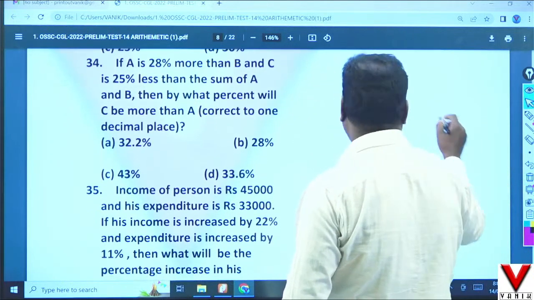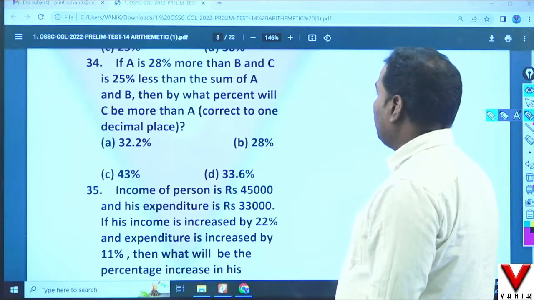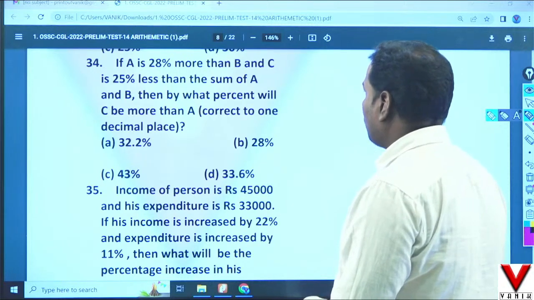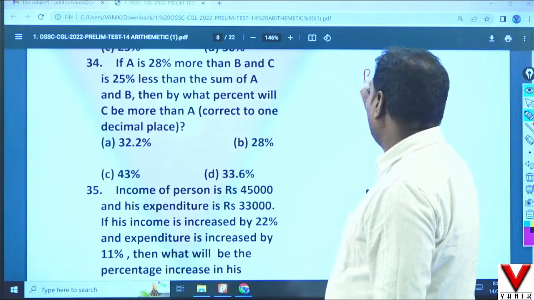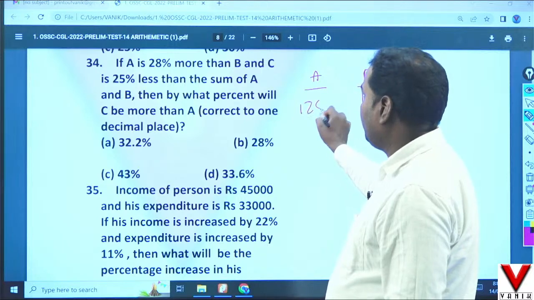Number 34. If A is 28% more than B and C is 25% less than the sum of A and B. A is 28% more than B. Suppose B is 100, then A is equal to 128.